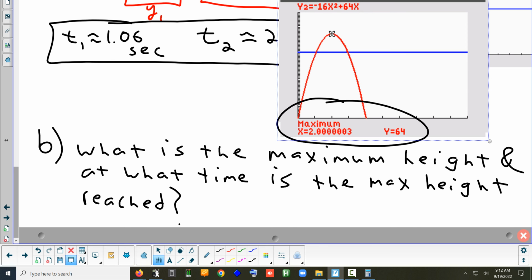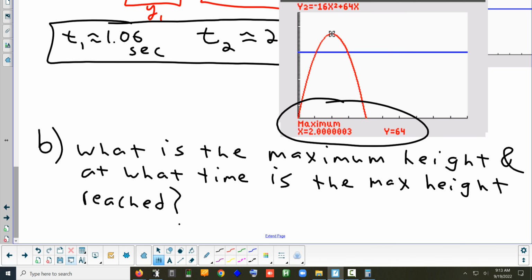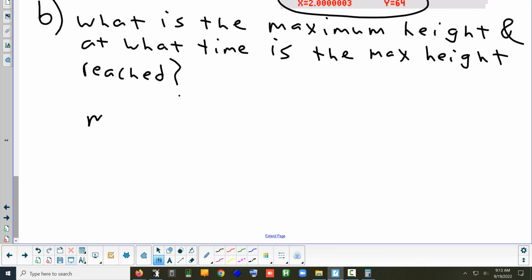We just have to make sure we know what that means. So what is the highest that the rocket goes in this problem? 64 feet. And when does it hit 64 feet? Pretty much right on 2 seconds. Yeah, it's 2 seconds. We just round that off. So the max height is 64 feet.